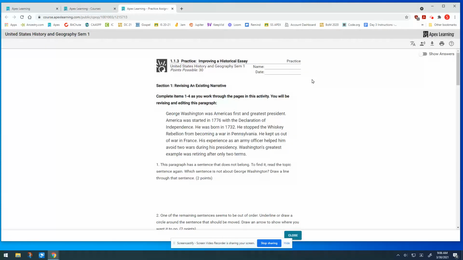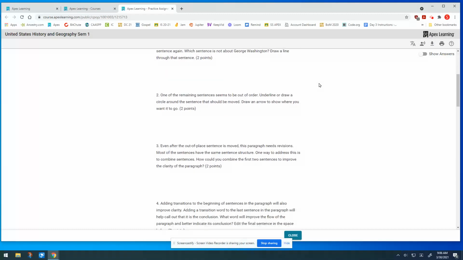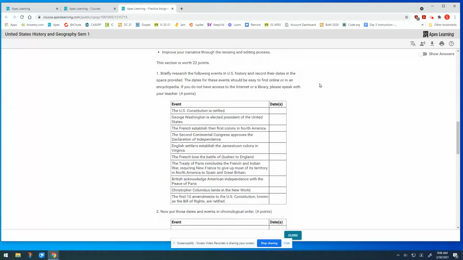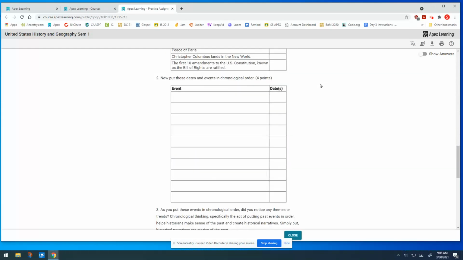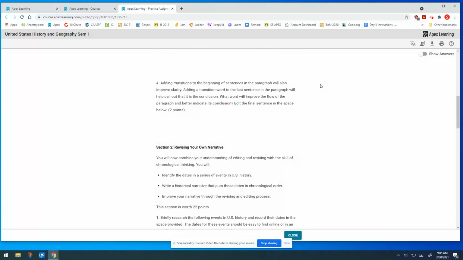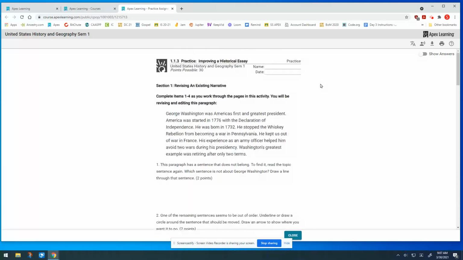So you click on the practice icon, and then it will walk you through step by step on how to accomplish your goal here. And in most cases, the essays are generally just a paragraph that you have to write, with the culminating project being a 5-paragraph essay.